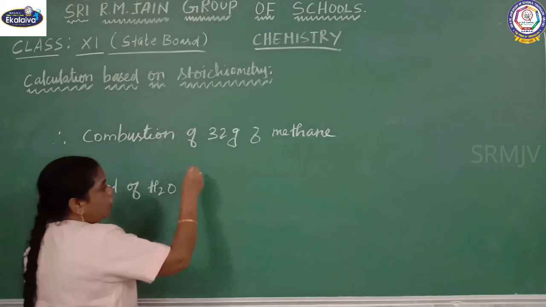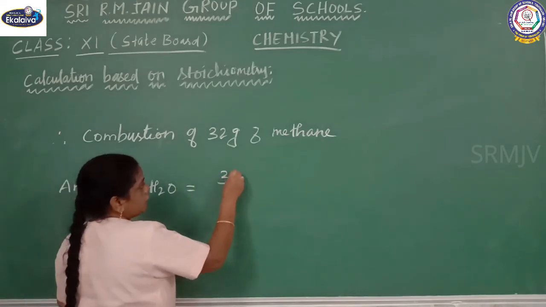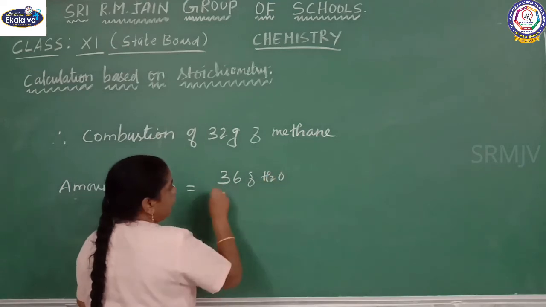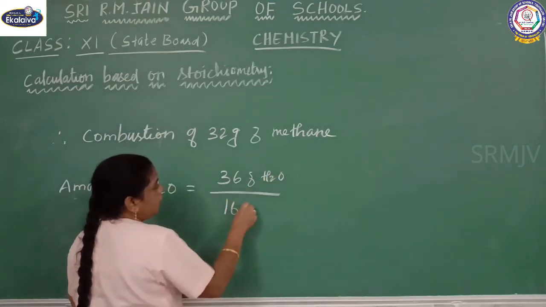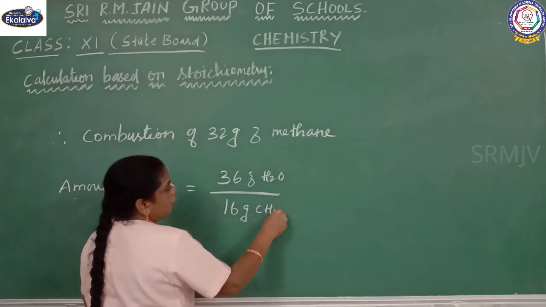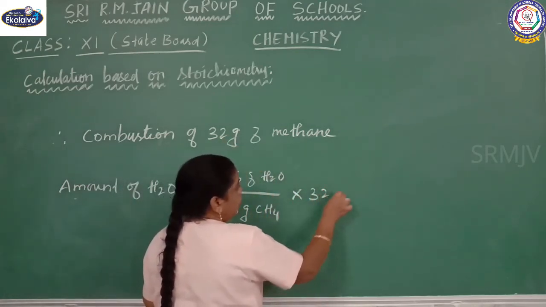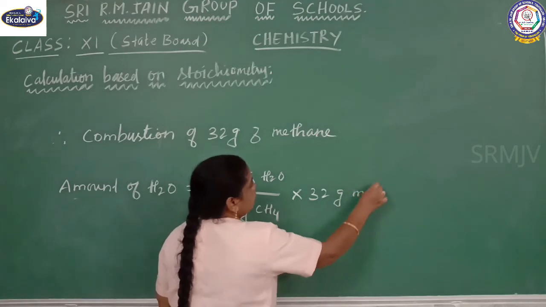So already 36 grams of water is produced by 16 grams of methane. Now you want to calculate for 32 grams of methane.